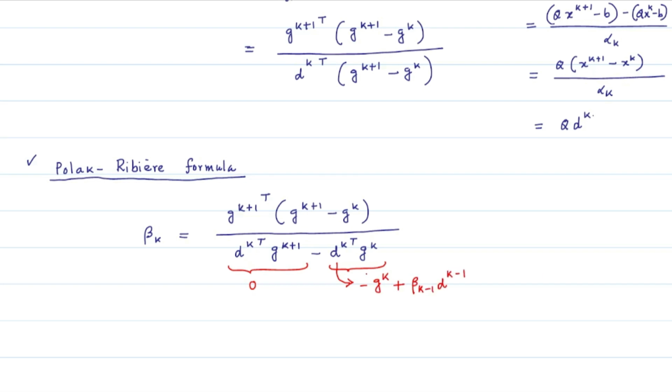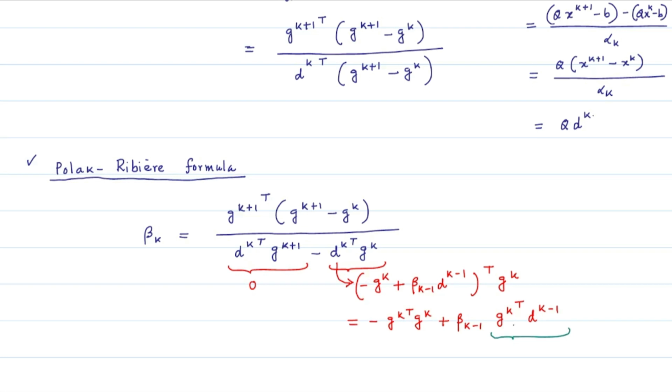Now if we multiply the transpose of this vector with g_k, we apply once more the expanding subspace theorem.